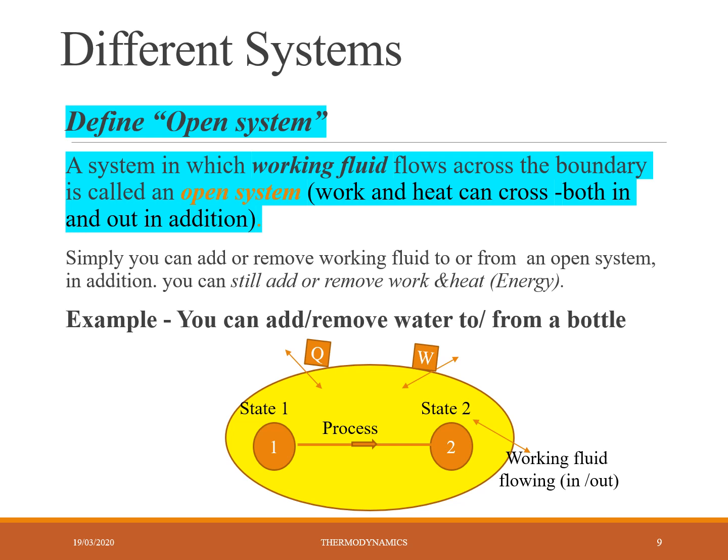In the case of an open one, while the process takes place, the working fluid is moving inside or outside. But in the case of a closed system, when the process takes place, it is not moving. It remains within the boundary. This is something in addition to the written content. You repeat the content and listen again.